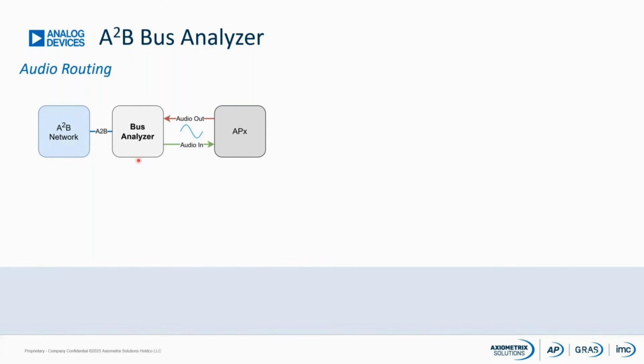The Bus Analyzer is useful for audio test because it gives your APX analyzer a way to interface with the nodes on an A2B network. And it allows for any APX analyzer to be used as either the signal source or as the acquisition system.